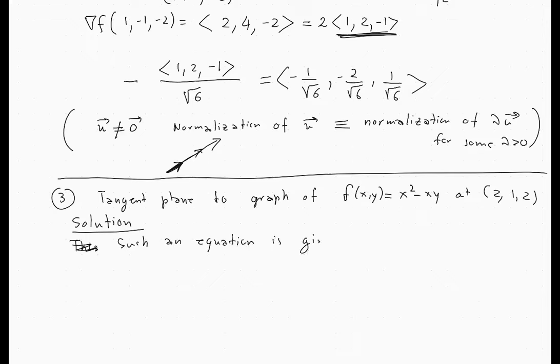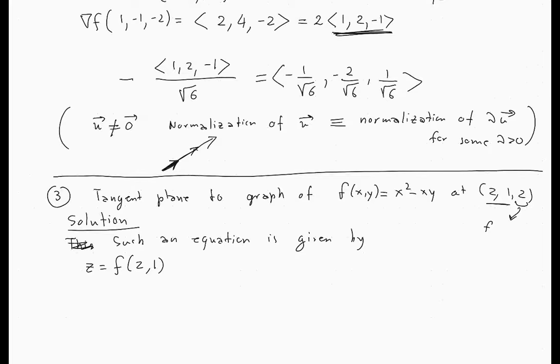z will be equal to f of 2, 1. The point that you have is 2, 1 for f, and the number 2 here that you have is simply f of 2, 1. That's how we form the graph, right? We juxtapose the inputs with the outputs, so it will be plus f sub x at 2, 1 times x minus 2, plus f sub y at 2, 1 times y minus 1.